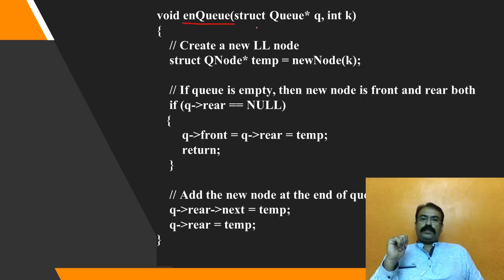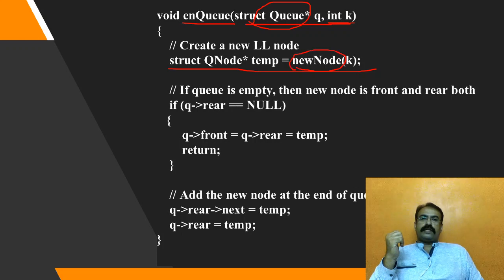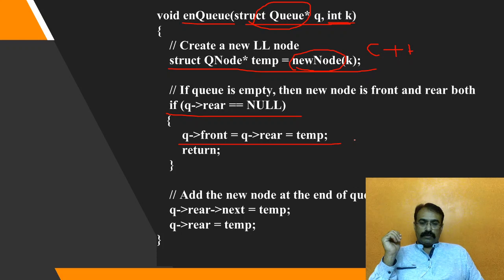Okay, so the enqueue operation is going to take either we can make a queue pointer global, or we can pass it as an argument, along with the variable which I want to enter. Okay, this new node is a construct which is used in C++. Otherwise, I can make use of malloc, that is the dynamic memory allocation function. If it is null, then that will become the first element, and front and rear both will point to the same.